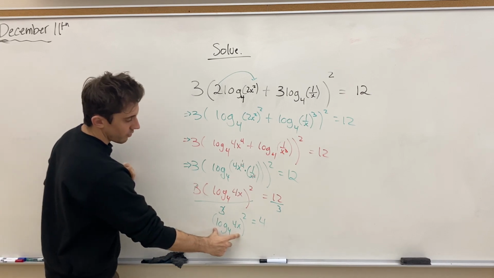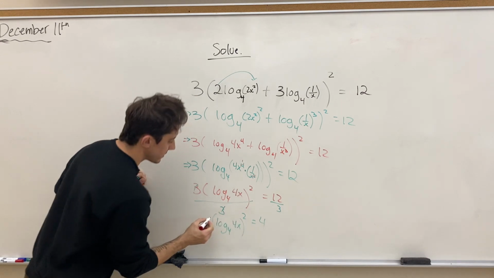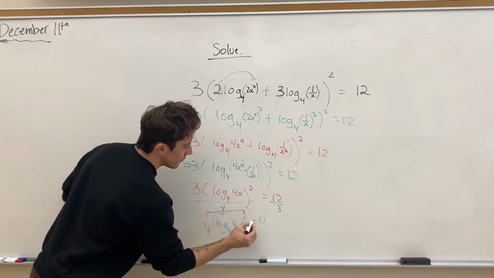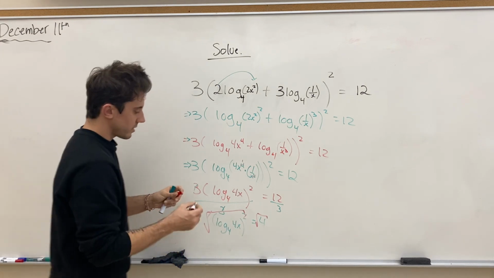Now we still have all of this inside of a square, as we always have. Let's get rid of that square by taking the square root of both sides to cancel out the square.